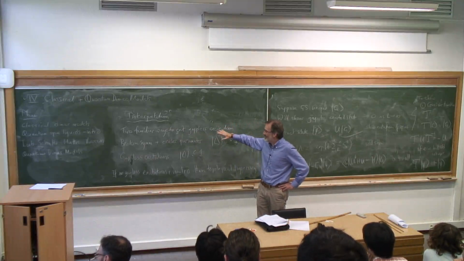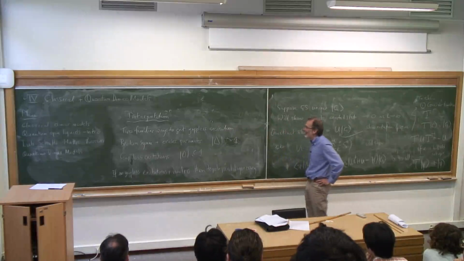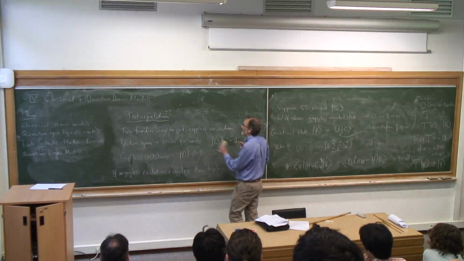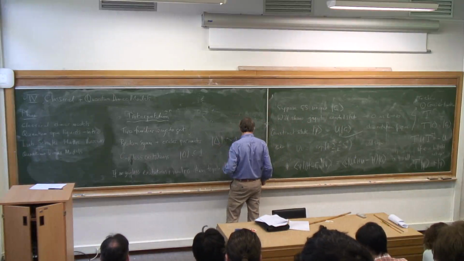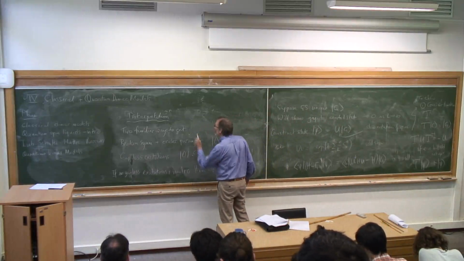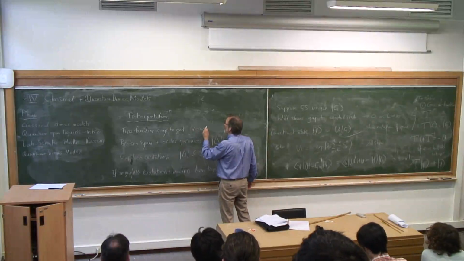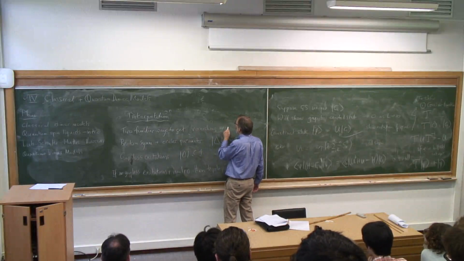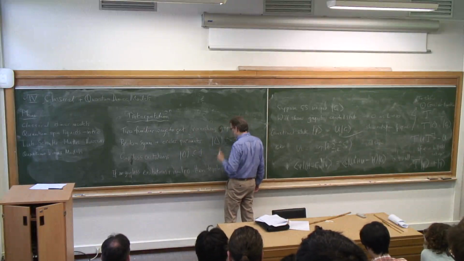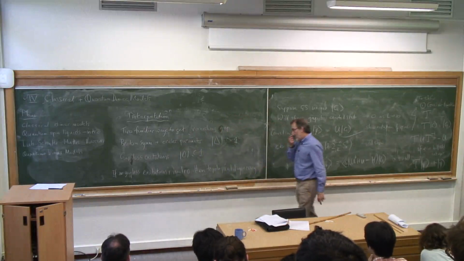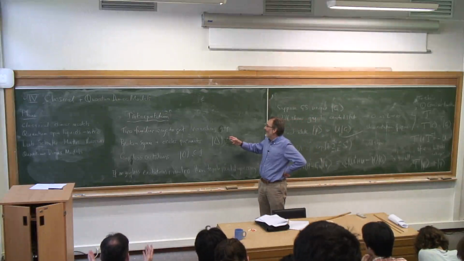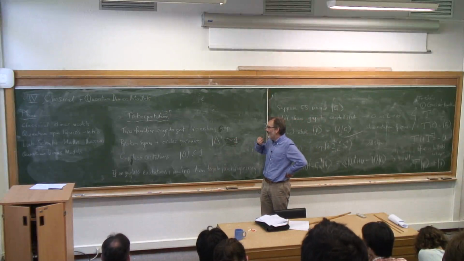Yes, okay, I see that the way I've written it on the board doesn't look very illuminating. The first is a degenerate set of ground states, and the second is a continuum of excitations down to zero.